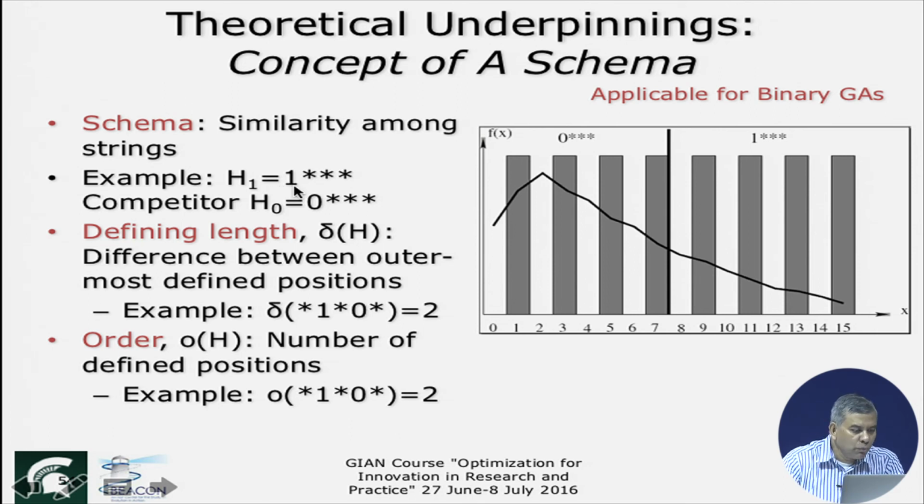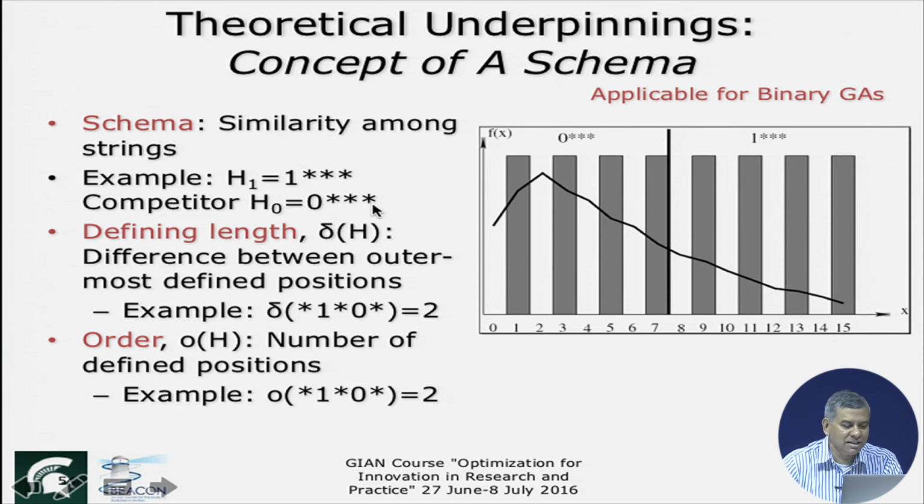With every schema, there exists at least one or more competing schemata, its competitors. So if I have a 1 here, what's its competitor? 0. If I say H0 is that schema, 0 and all stars, what are the decoded values it represents? 0 to 7. You'll see that because they are competitors, there is no overlap.